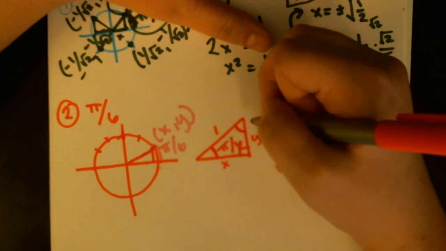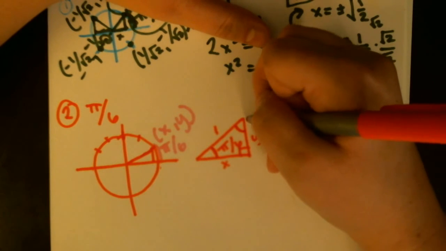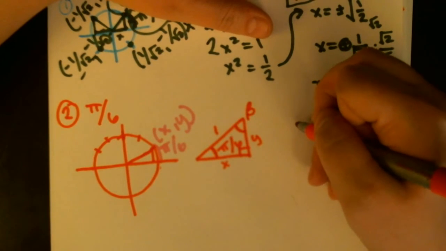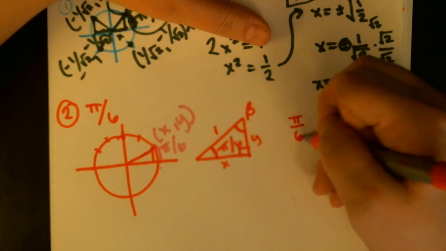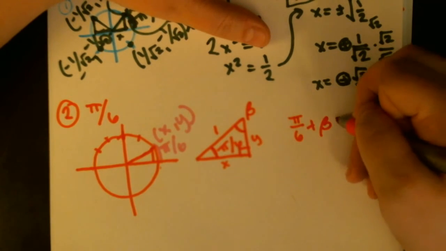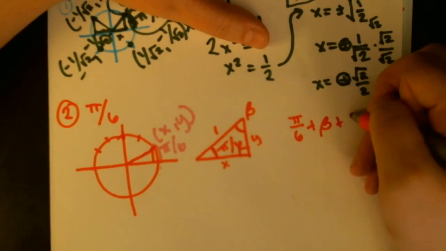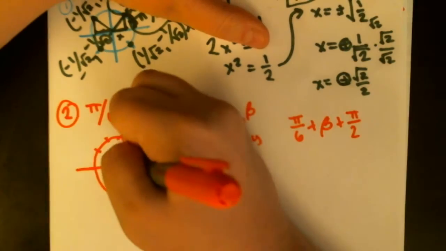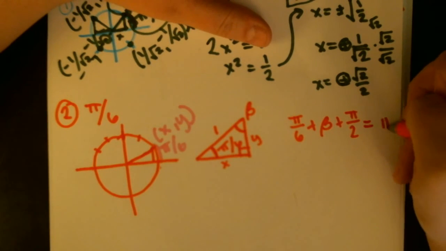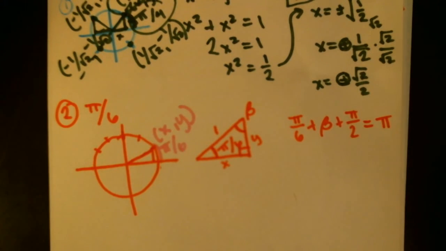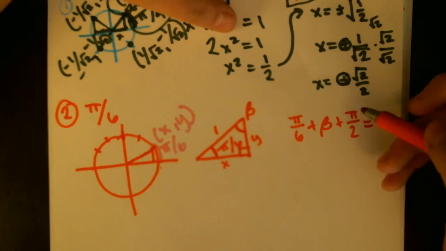So I'm going to call this angle beta for now. We know that if we add up pi over 6 and beta, and the 90-degree angle is a pi over 2, right? Pi over 2 is a quarter of the way around. We should get pi.